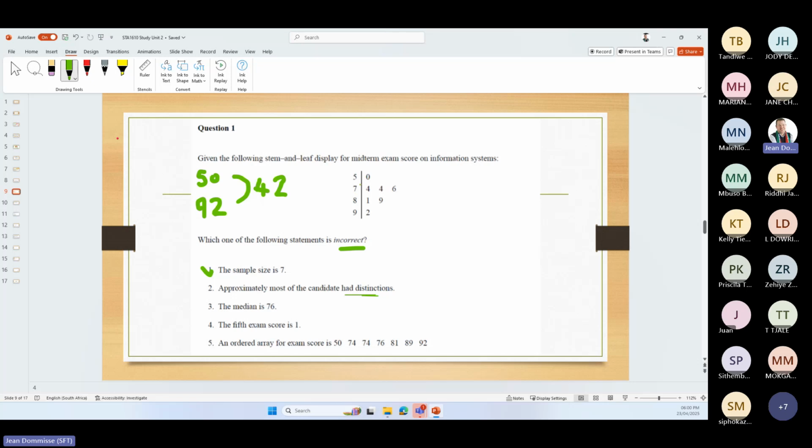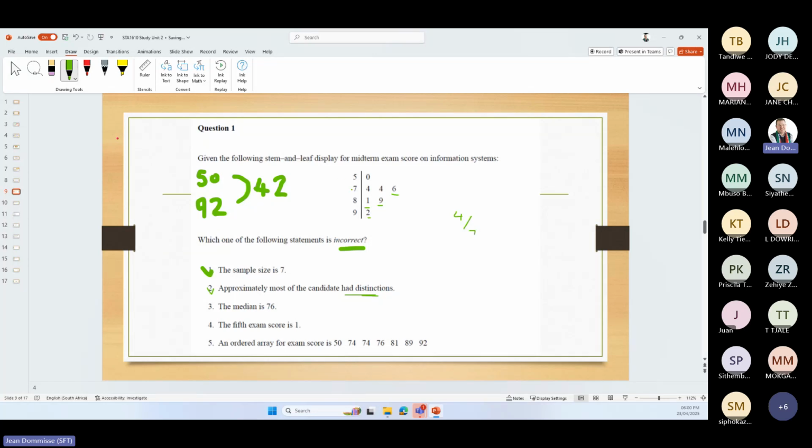So 50 is not, 74 is not, 74 is not, 76 is, 81 is, 89 is, 92 is, so there's 4 out of the 7. So 4 out of the 7 is more than 3 out of 7 that don't. So approximately most of the candidates have distinction is true.